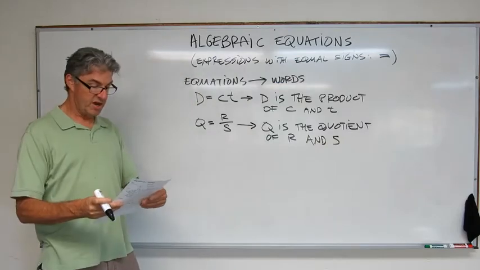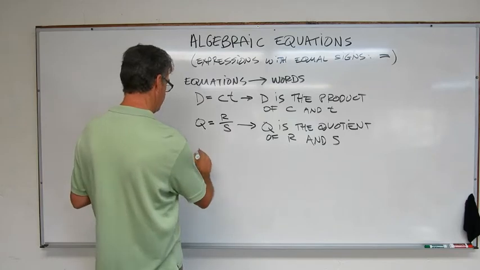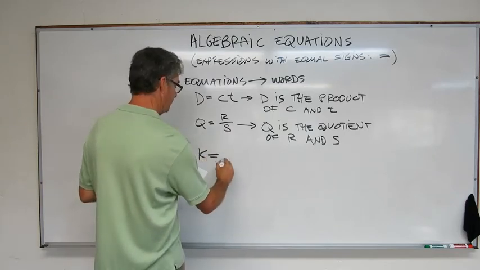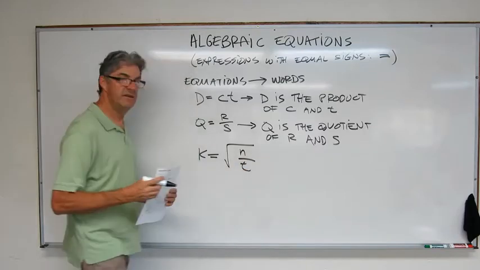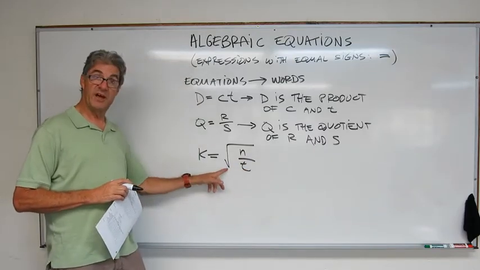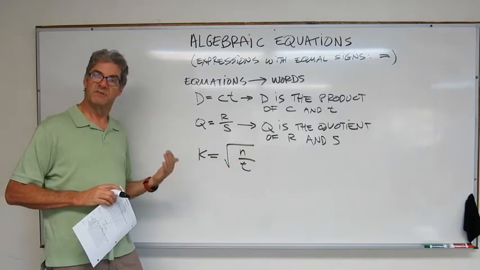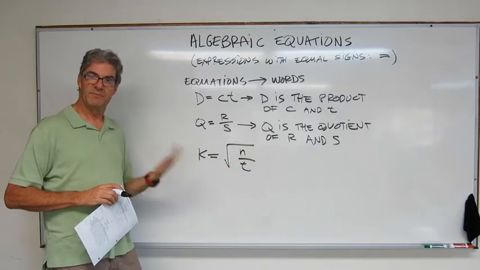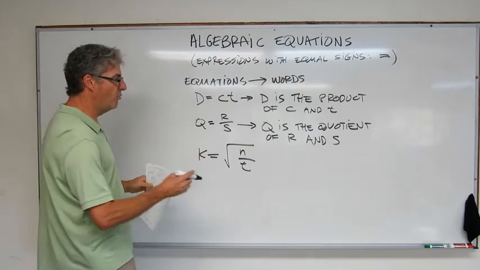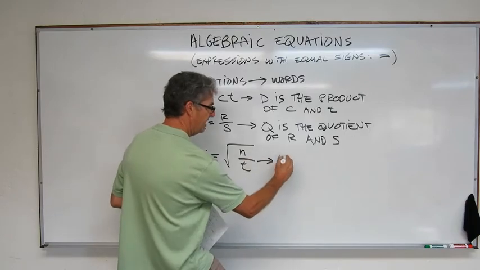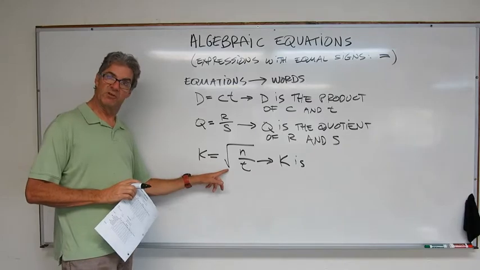Okay, let's try another one. This one's a little bit more complicated. Let's see how you can do it. K equals square root n over t. Okay, so I've introduced the square root sign, and I have an n over t here in my k. Pause the video, give it a shot. Okay, let's see how you did. So right here we're starting the same way. So what we're going to do is do k is. Now we have a square root here.